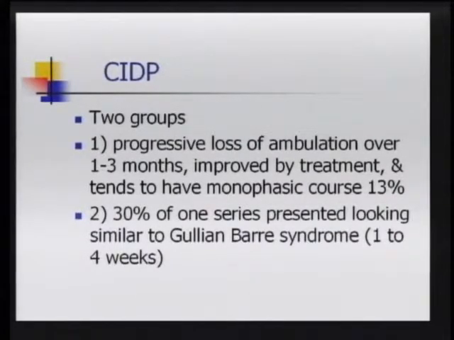They tend to be very, very responsive to treatment, but only a minor number of them can have a monophasic course. And 30% of them can look like Guillain-Barré, but over a much more prolonged presentation, about 1 to 4 weeks. But it's proximal weakness versus Guillain-Barré, which is distal weakness.